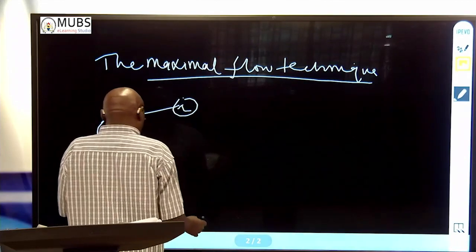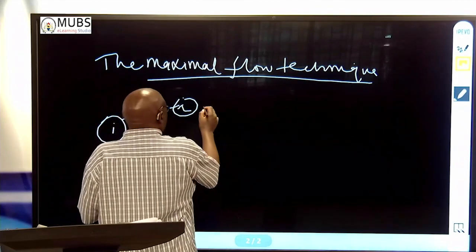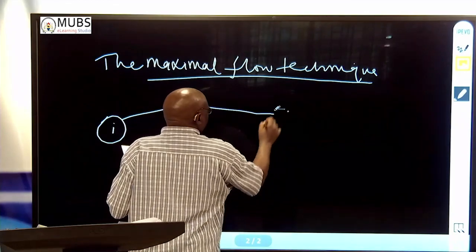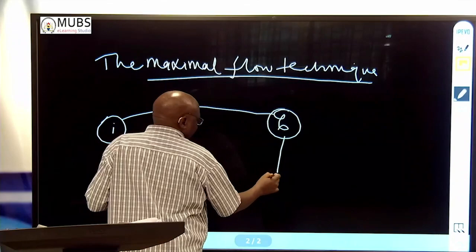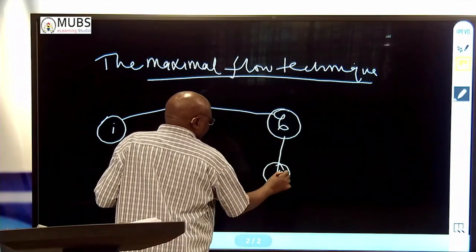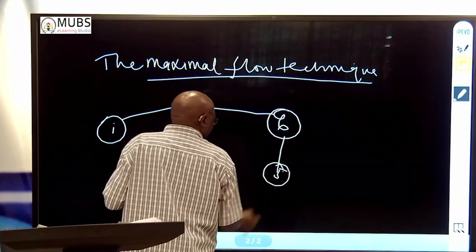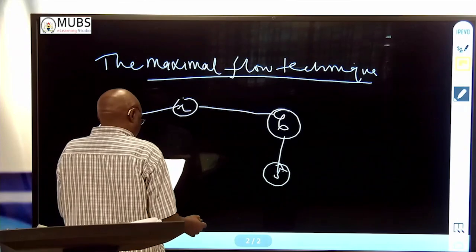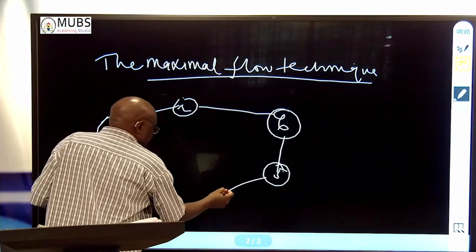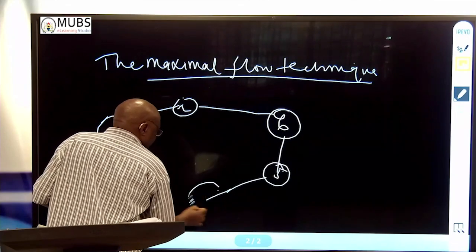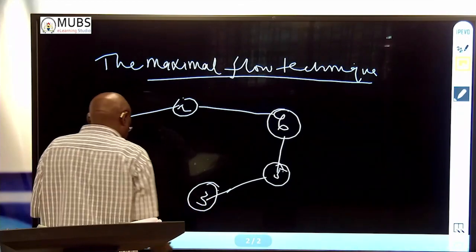This is 2. That is 6. That is 5. That is 3.